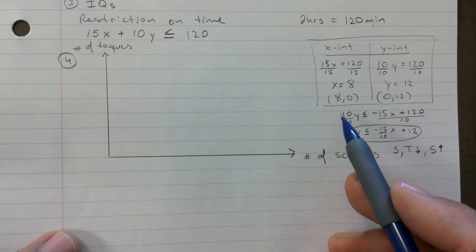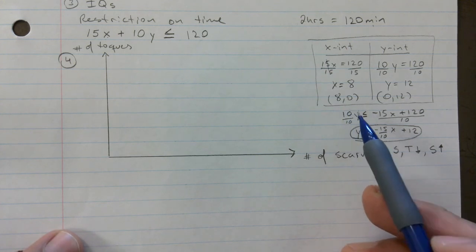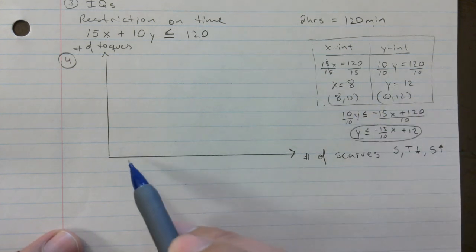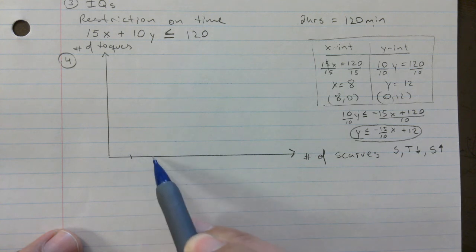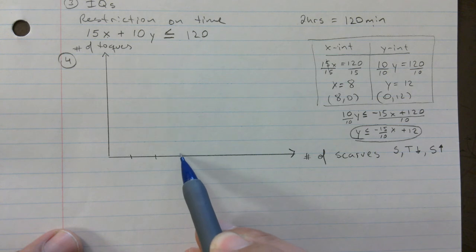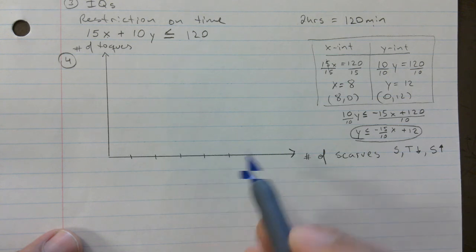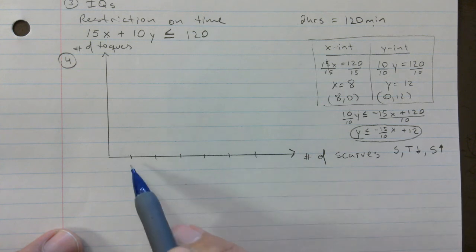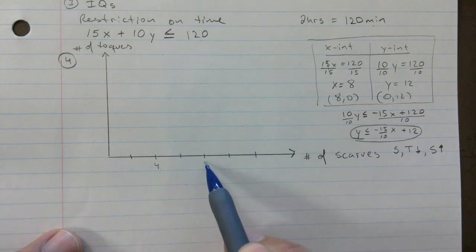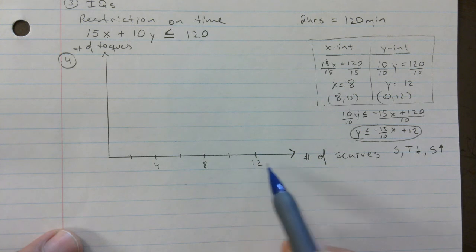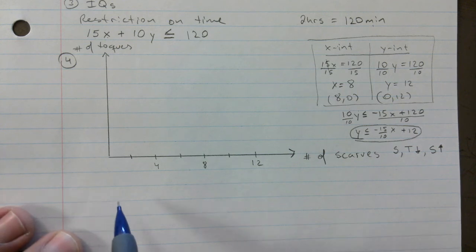Right now I only have one graph, so you can just go ahead and graph this. I'm going to make sure (8, 0) fits. So I'm going to go 2, 4, 6, 8, 10, 12. I'm going to label every other one. That'll give me enough room to fit that in, but don't cram it too much, okay?